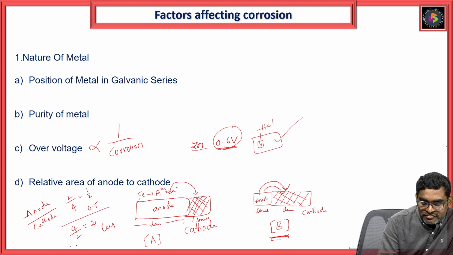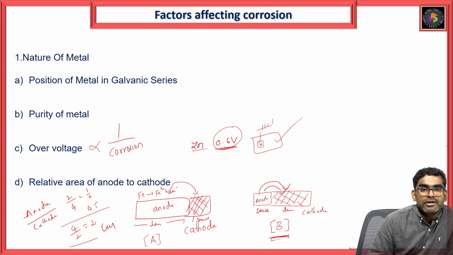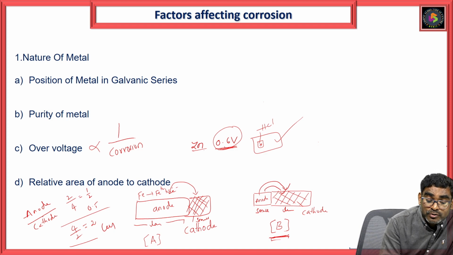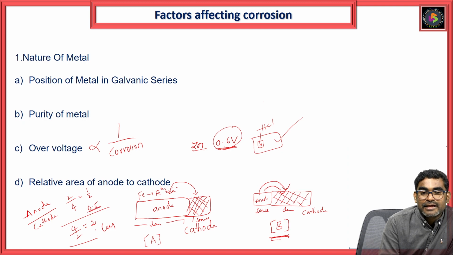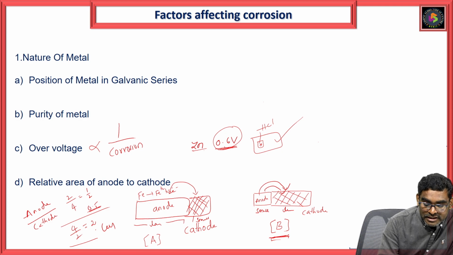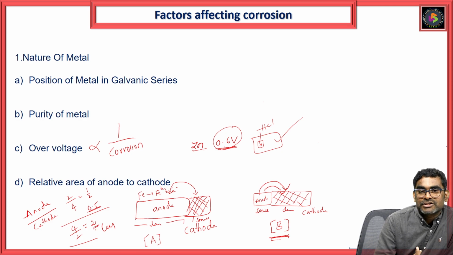Why I am writing these values is so you can easily understand. If the ratio of anode to cathode is small, then the extent of corrosion is more. If the ratio of anode to cathode is large, then the extent of corrosion is small.